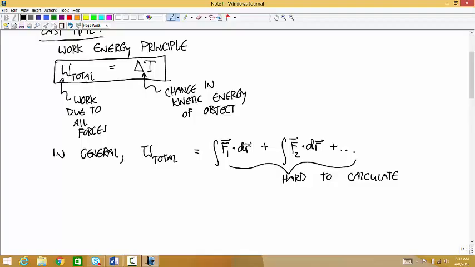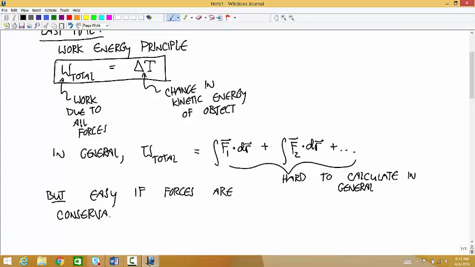But there's a certain type of force where this is always easy to calculate. It's easy if the forces are called conservative forces. And so this idea of conservative forces is a super important idea.